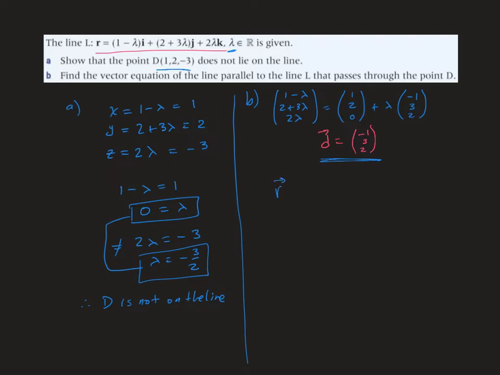So my new equation of the line, let's say R1, that's going to be the vector (1, 2, -3) plus t (-1, 3, 2). This line is parallel to the previous line because it goes in the same direction, but it's passing through the point D.